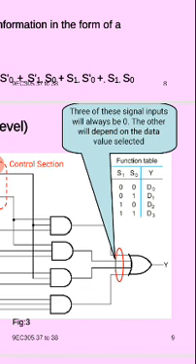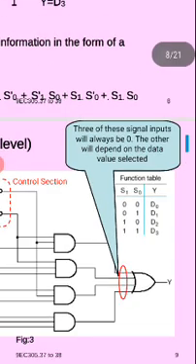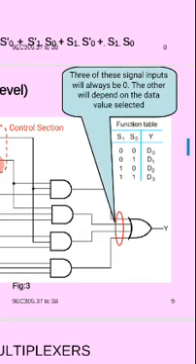The other will depend on the data value selected. It means 4 signals will not go to the OR gate. Only one signal will reach the OR gate. Hence, 3 of these signal inputs will always be 0.